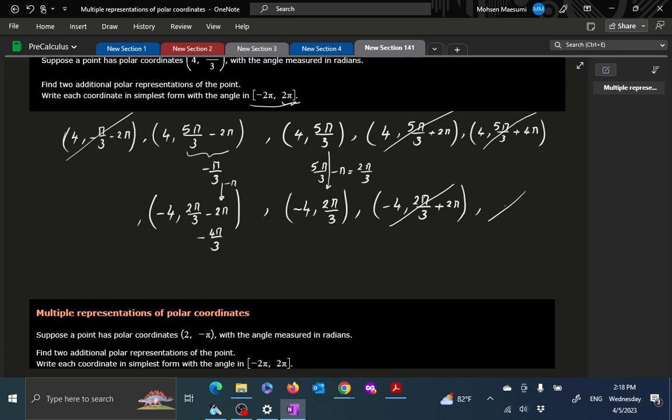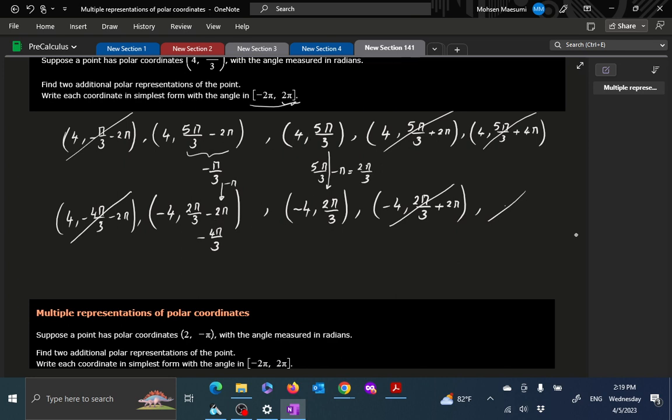I subtract another 2π, so now I'm at (4, minus 4π/3) and then minus 2π. This is already negative, so I subtract that, I fall below the bottom of the filter, so that's going to be out as well. What survived this process?